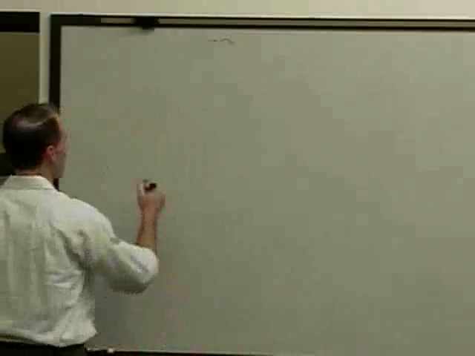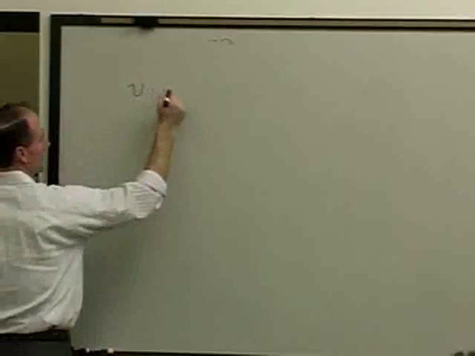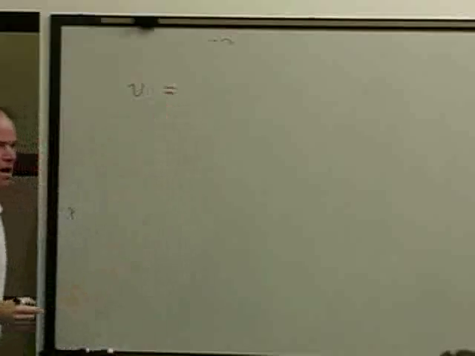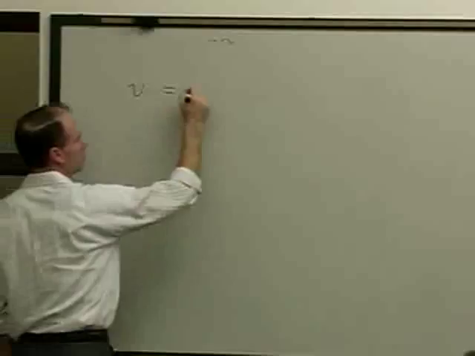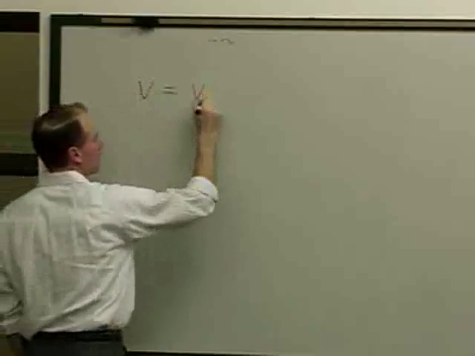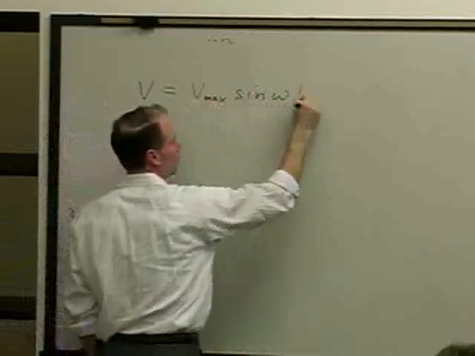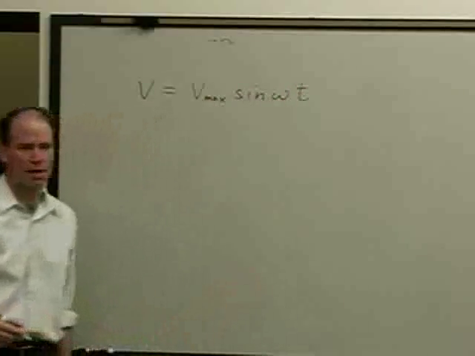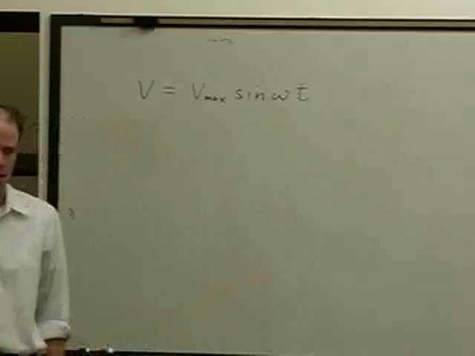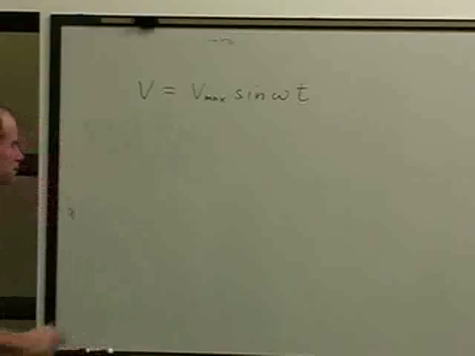So we can describe the voltage induced by such a power as being equal to some maximum voltage times sine of some angular frequency times time, where the angular frequency omega is the angular frequency that we're turning the coil with.